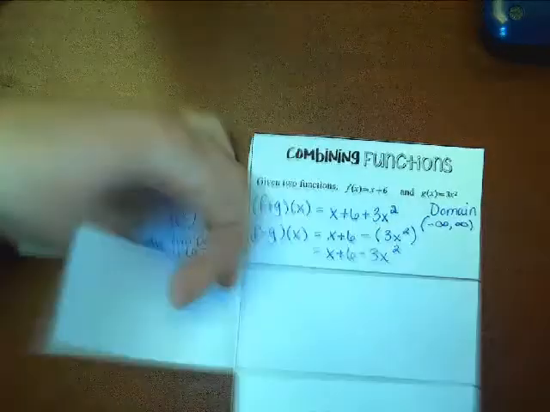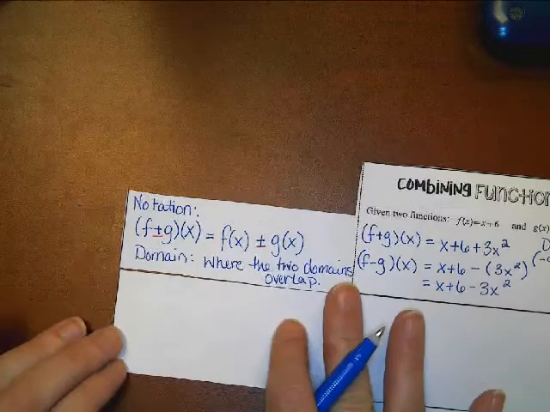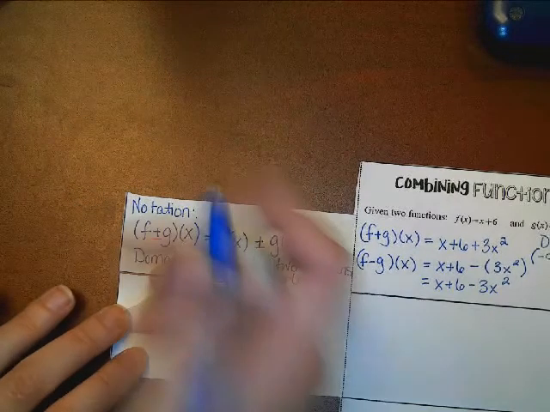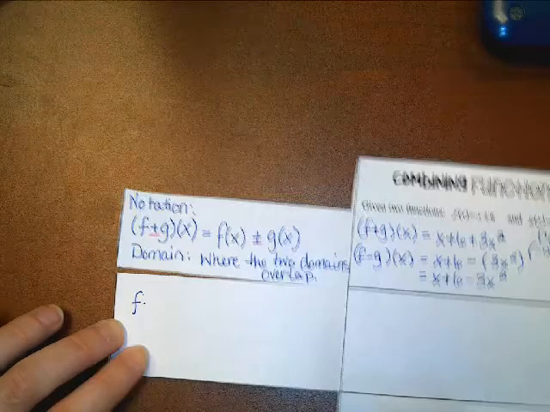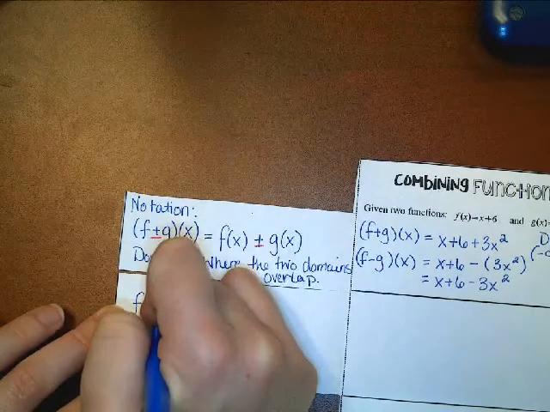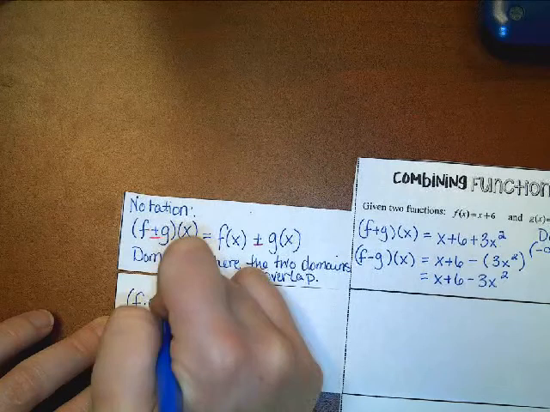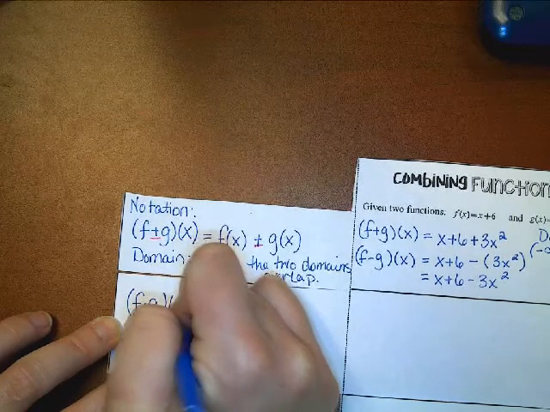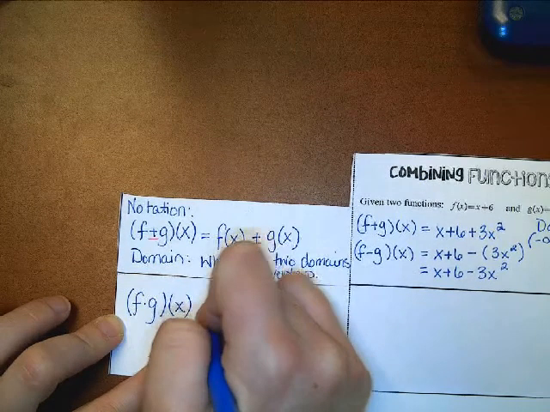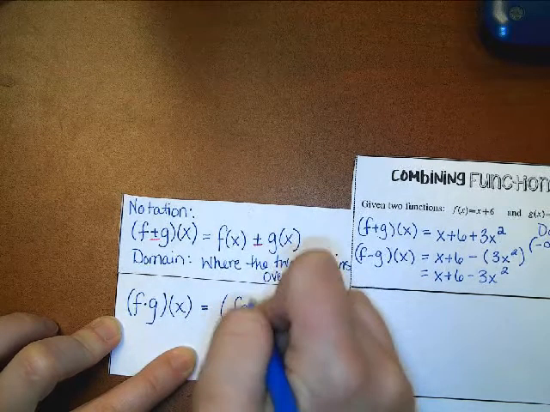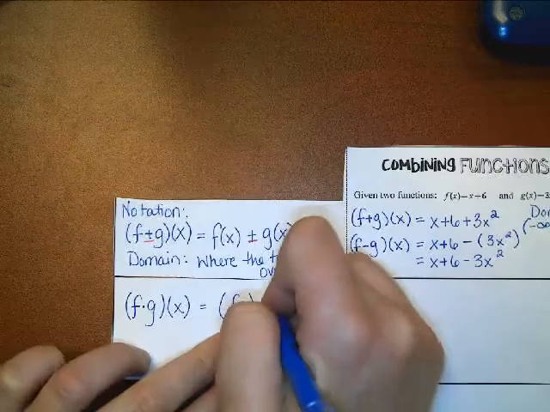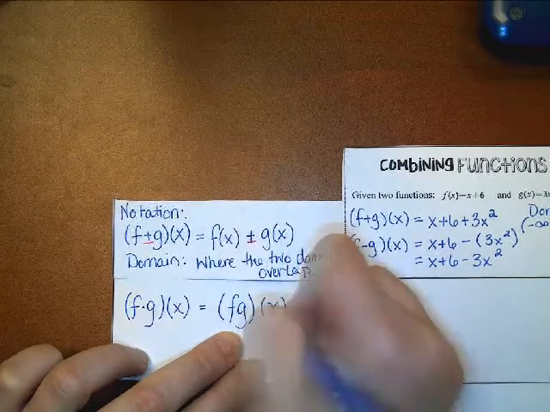All right, so let's talk about multiplying functions. Again, notation. The notation looks like this: f, usually they put a little dot, sometimes they don't, f times g of x, or sometimes you'll just see f, g, and then an x.